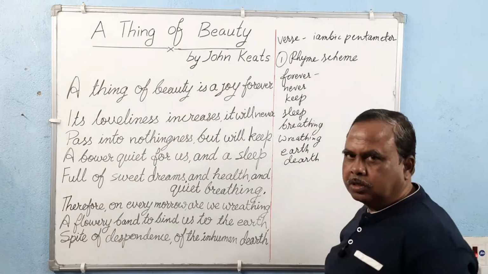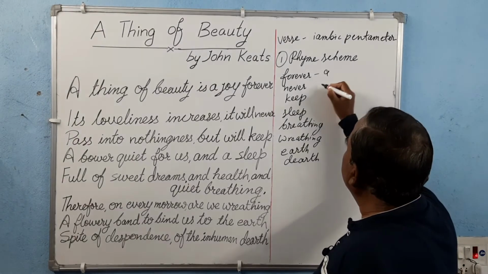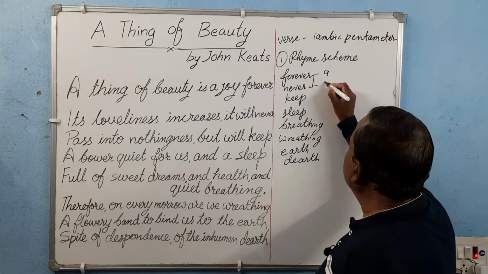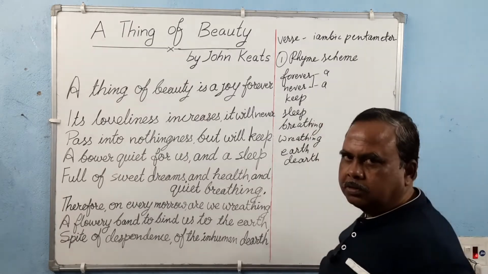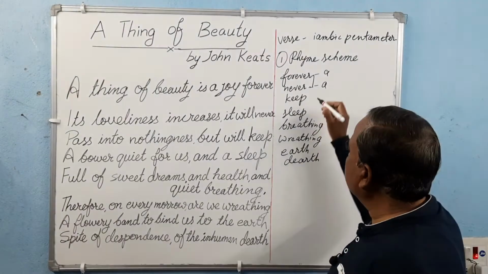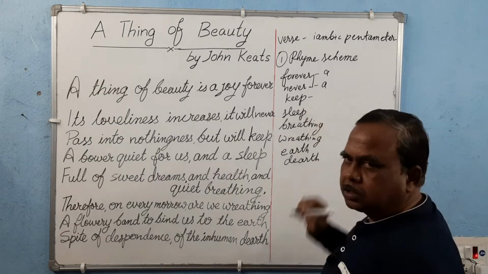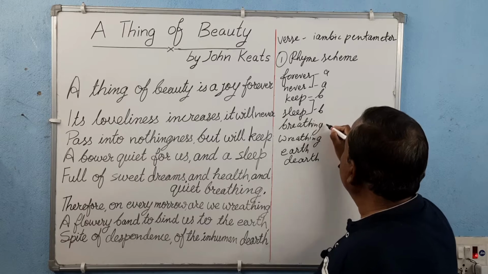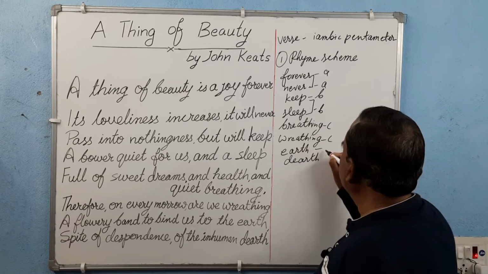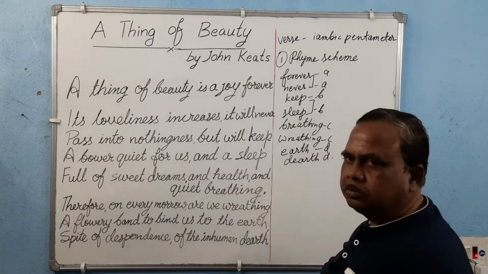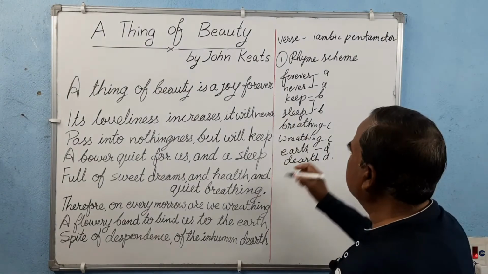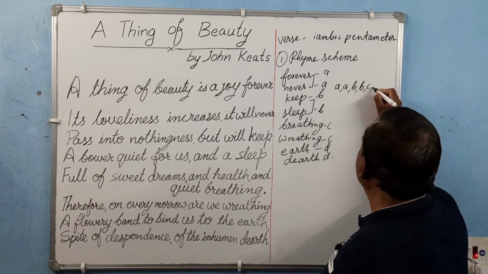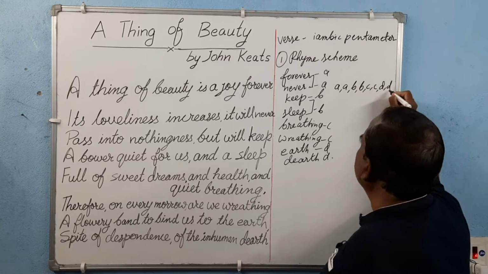So for the first time we take letter A. This pronunciation is similar, so we will take the same letter A. Keep's pronunciation differs from never, so we take another letter, that is B. Same pronunciation, B. Here C and here D and D. So the rhyme scheme of this stanza is A, B, B, C, C, and D, D.